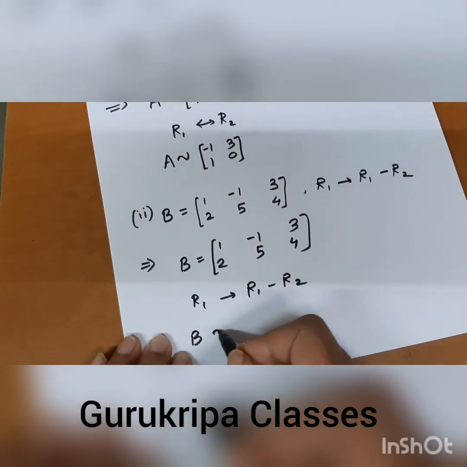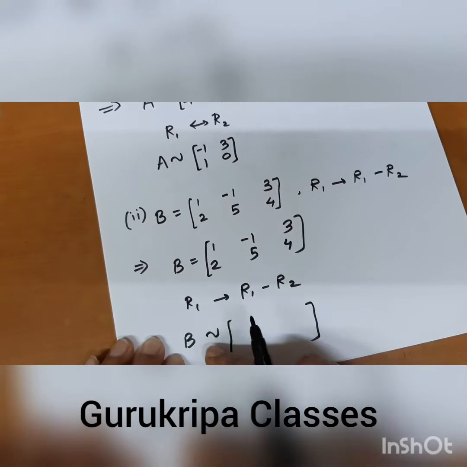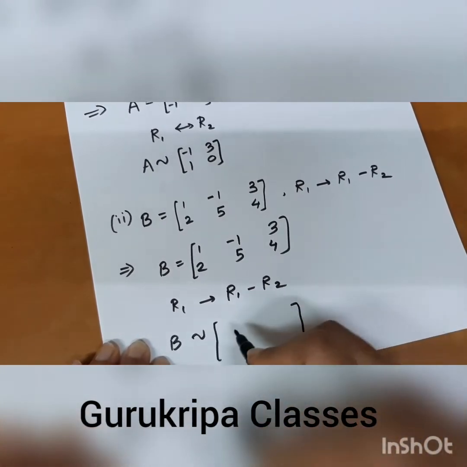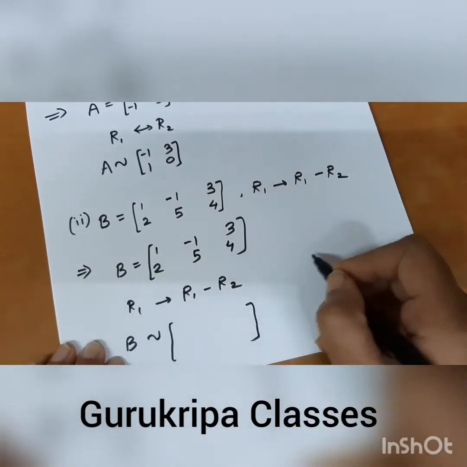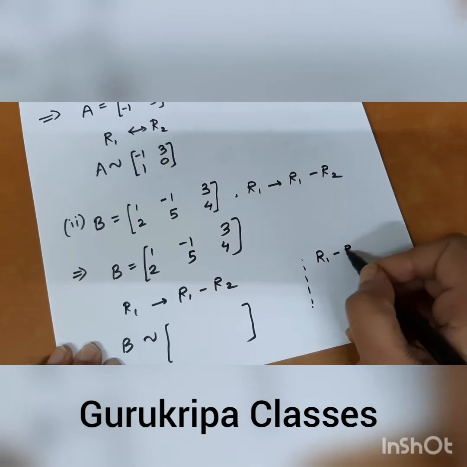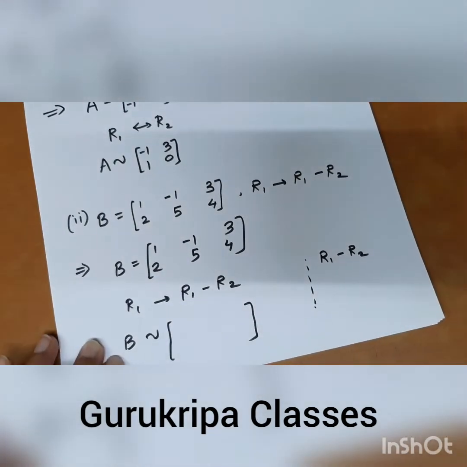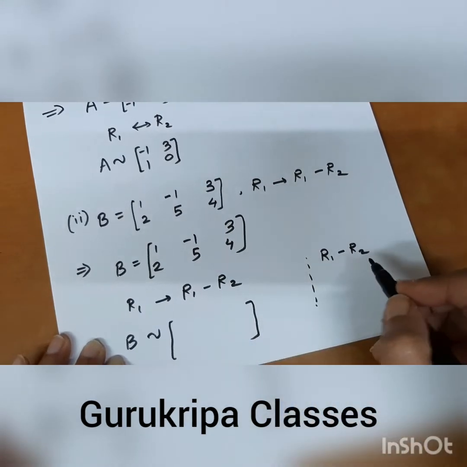After applying this transformation, we'll write the equivalent sign. In the last lecture I told you to write the equivalent sign after applying the transformation, and we'll do some rough work here, or if you have practice you can solve it directly. I'm writing this so that we do not make any mistake.